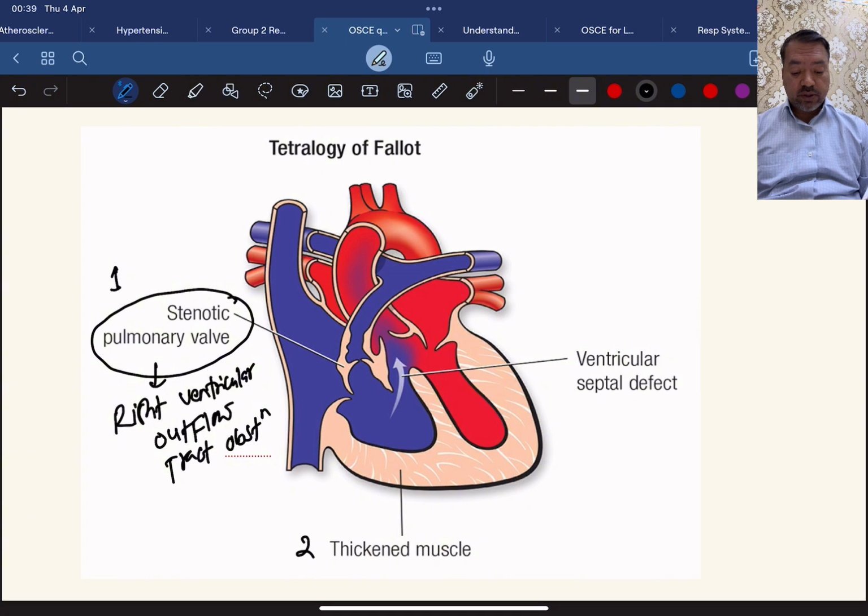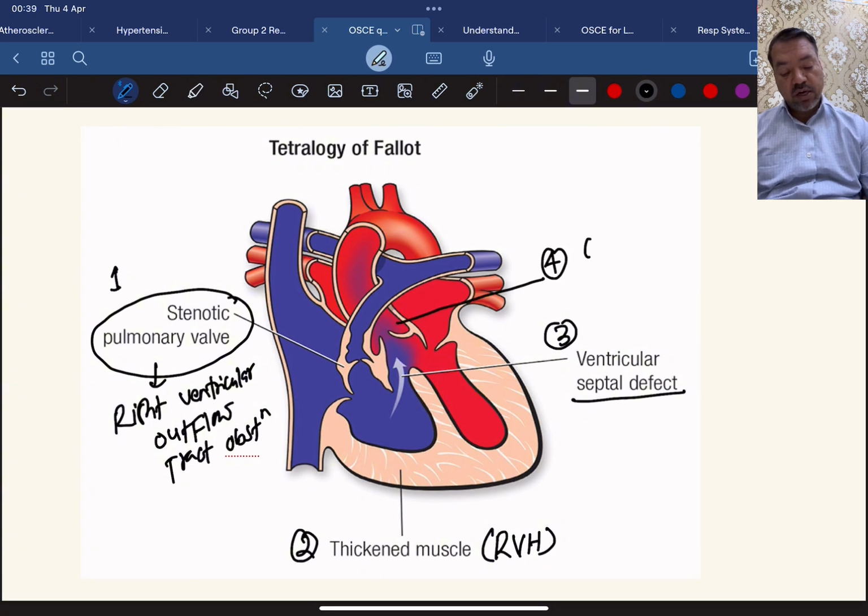Second is a thickened muscle. This is right ventricular hypertrophy. Third is ventricular septal defect or VSD. And fourth, you can see right here, exactly in this area, this is called overriding of the aorta. What is the meaning of this?